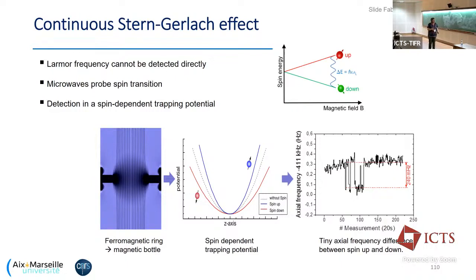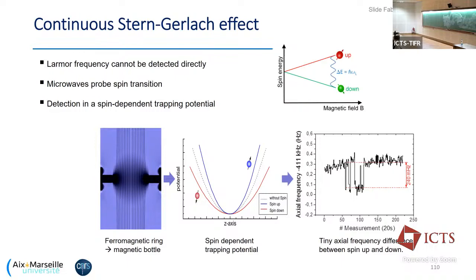So by adding an iron ring, a ferromagnetic ring, to one of the traps, we will create an inhomogeneous magnetic field. And you will see that in this inhomogeneous magnetic field, this is a spin-dependent potential. Spin up and spin down will not see exactly the same potential. Spin up will feel the blue potential and spin down will feel the red potential.